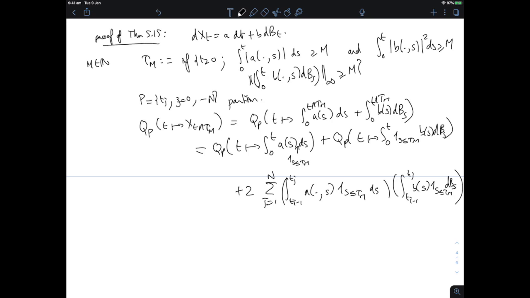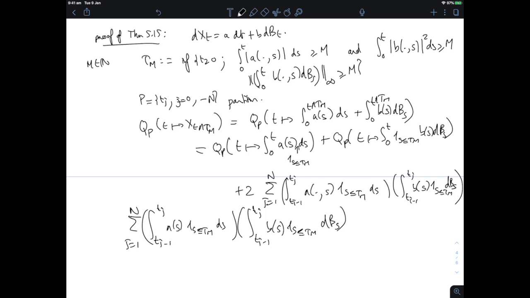And then I can say that this sum j equals 1 to n of the integral from tj minus 1 to tj of as before the stopping time ds times the integral from tj minus 1 to tj of bs up to the stopping time dBs, it's certainly smaller, almost surely, than the sum of these things here squared and the sum of these things squared.